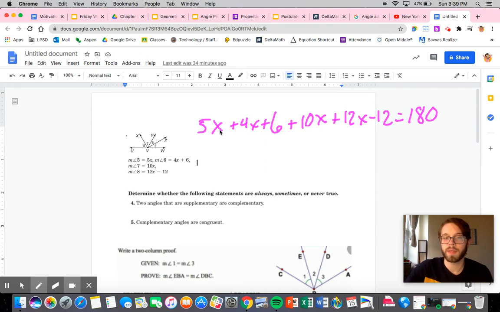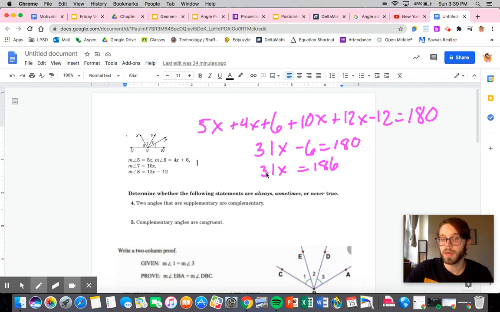So if we combine everything, we have 5x plus 4x is 9x, plus 10x is 19x, plus 12x is going to be 31x. We have 31x, and then we have a 6 and then minus 12, so minus 6 is equal to 180, right? So 31x is equal to 186.